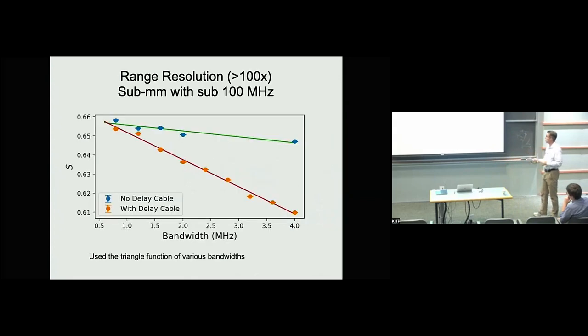And this is our parameter, and we were able to show that we could get very, very sensitive changes here. This is about a range resolution 100 times better than the standard range resolution that people are used to.